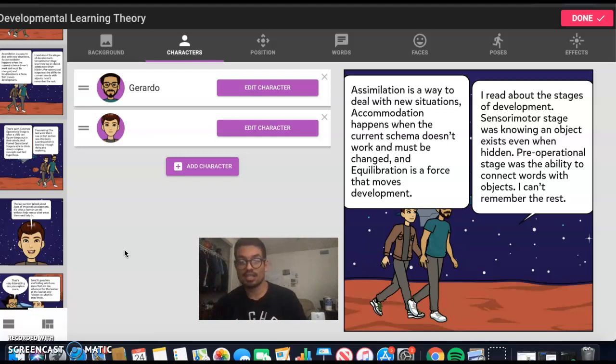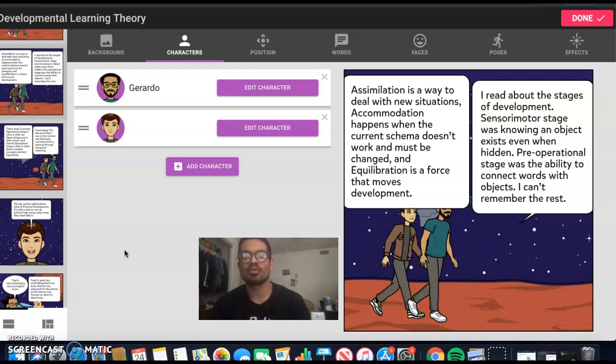The child has seen that before as a clown, and automatically associates that man as a clown. But the father, being the accommodation side of things, states that is not a clown because he's not doing what a clown does, such as making people laugh, wearing colorful clothes, doing silly things. Even though he may have the hair of a clown, he doesn't do clown things. So that would be the accommodation section.